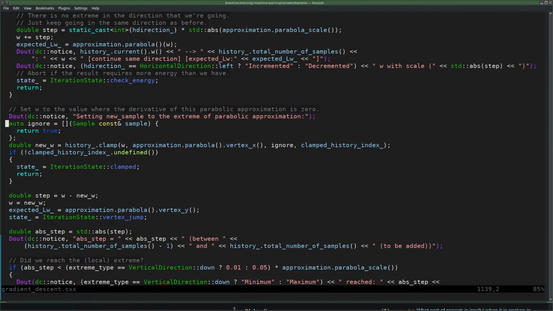So I have an ignore lambda here, which should return true if the sample must be ignored. And that it should be ignored if there is not a minimum in between those 2 points. Which 2 points?